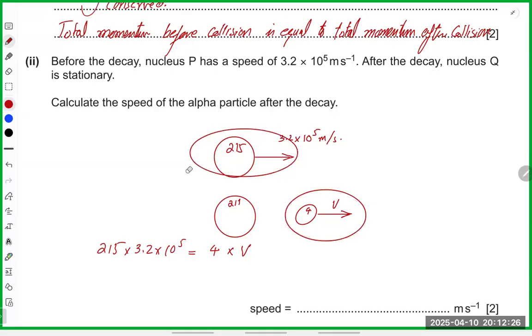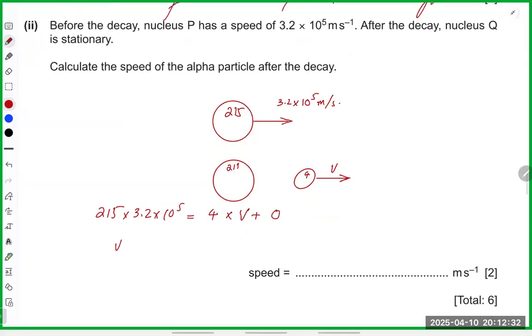Total momentum before has to be equal to total momentum after, because 211 has a momentum of 0. So V is going to be 215 into 3.2 into 10 to the power 5 divided by 4.